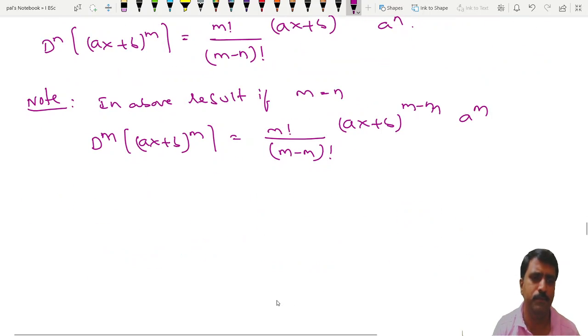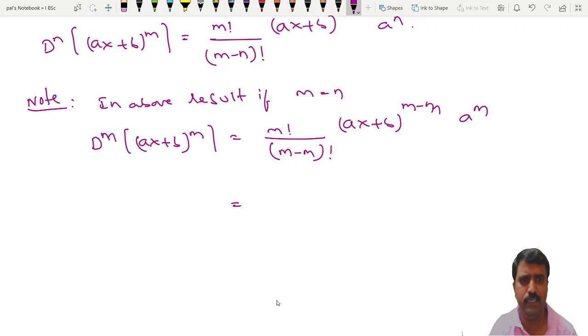So now this is equal to m factorial, or you can write n factorial. In the denominator it is 0 factorial. 0 factorial means it is 1. So (ax plus b) to the power 0.